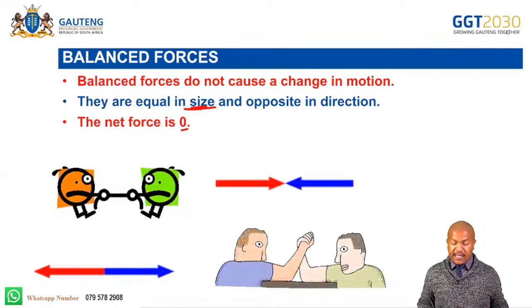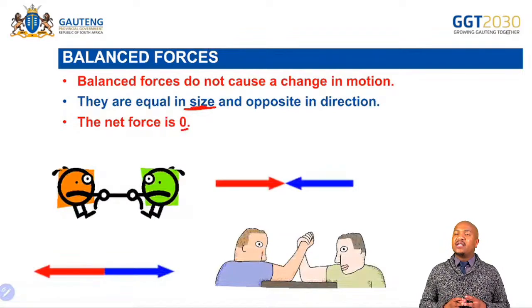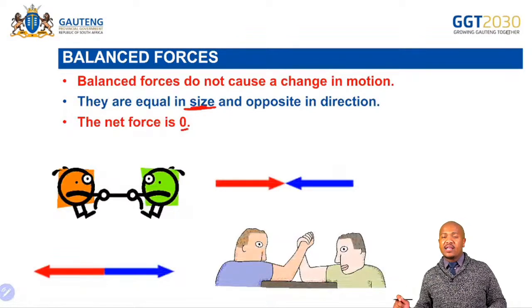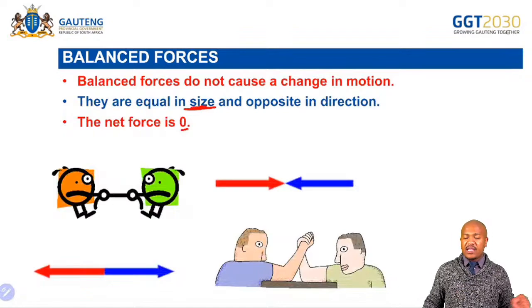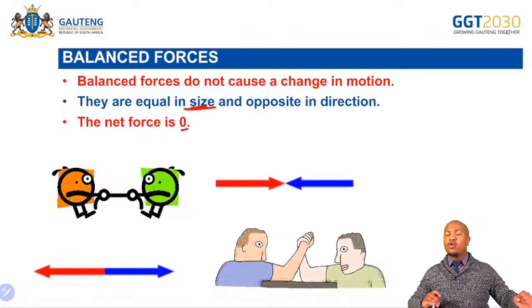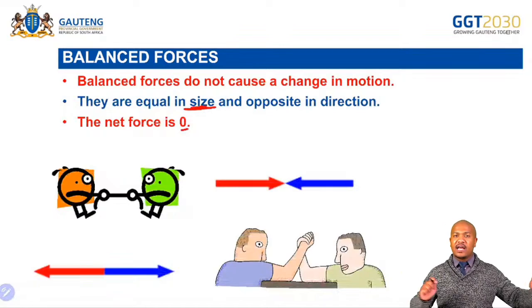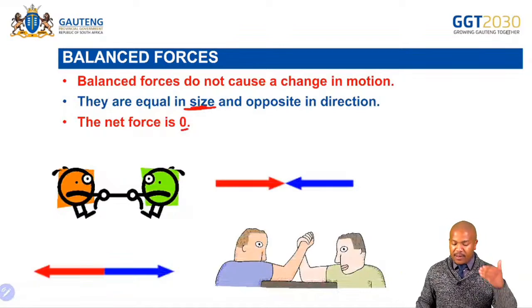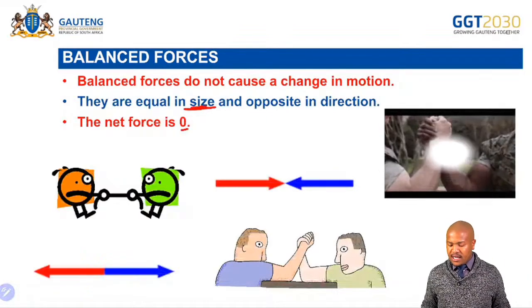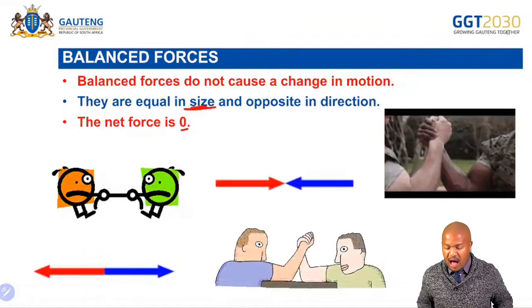So looking at these examples here, we have two friends also playing tug of war, right? Their forces are the same and they're acting in opposite directions. As the forces are the same, one is pulling to one side, one is pulling to the other side as well. But there's not going to be any movement because the forces applied are the same in size. Here is another example, arm wrestling.